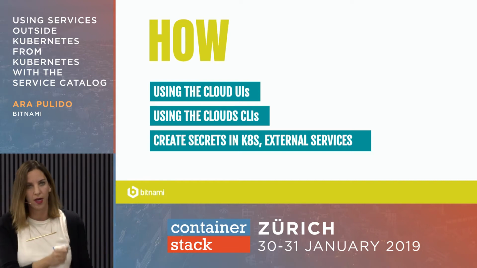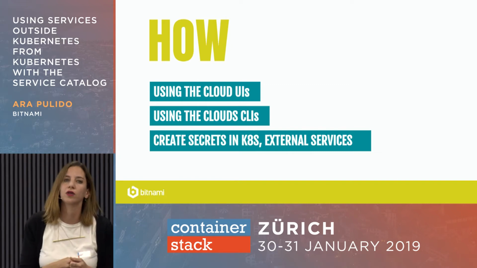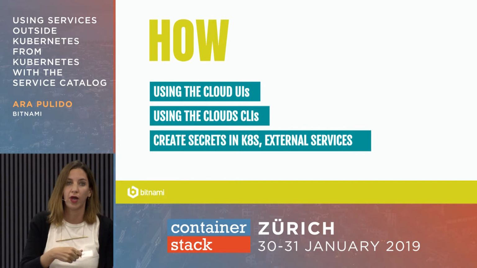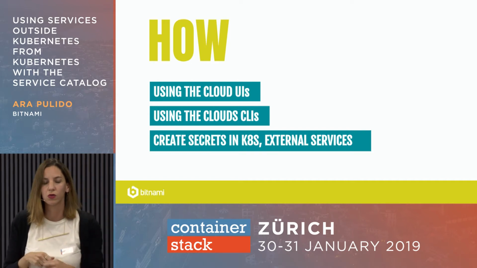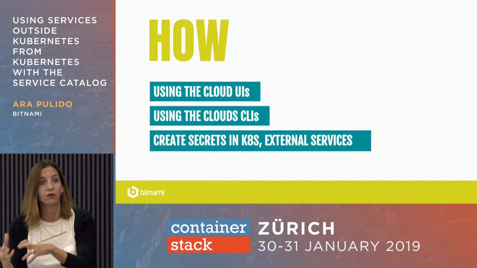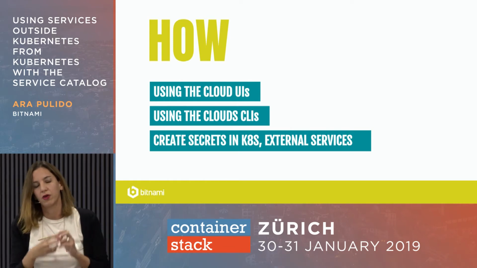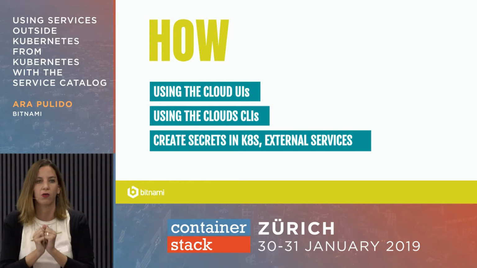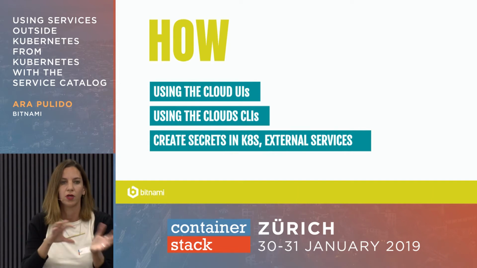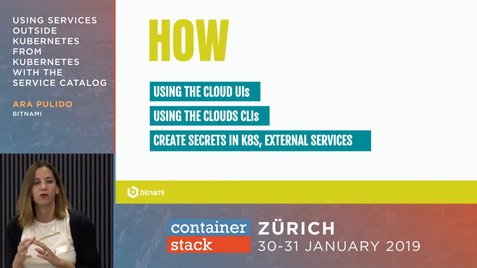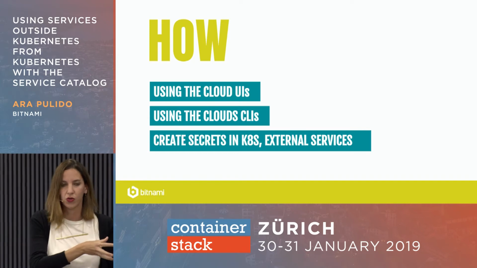Or maybe you can use the CLI or APIs to connect your CI/CD with these tools. And then you have to connect that back to Kubernetes. So you possibly have to create a secret in Kubernetes with your authentication, with all the information to connect to these services that you can then use with your application.